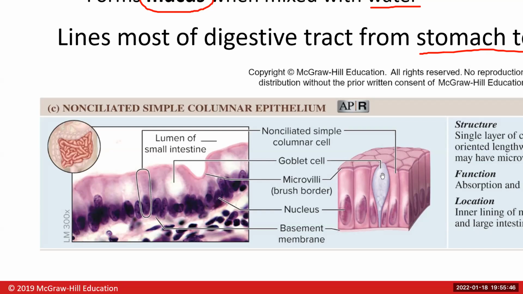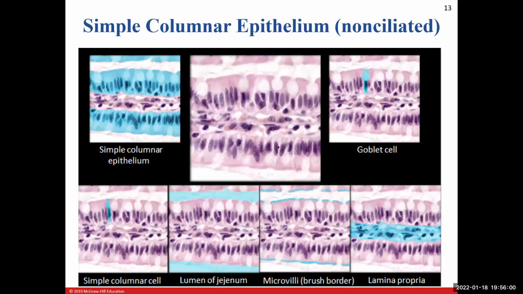And it secretes it out onto the surface here of the epithelium. And then the water that's out in this area, because there's water everywhere, mixes with the mucin and turns into mucus. It helps lubricate that area. So here you can see our simple columnar epithelium. Here's a nice goblet cell right over here.